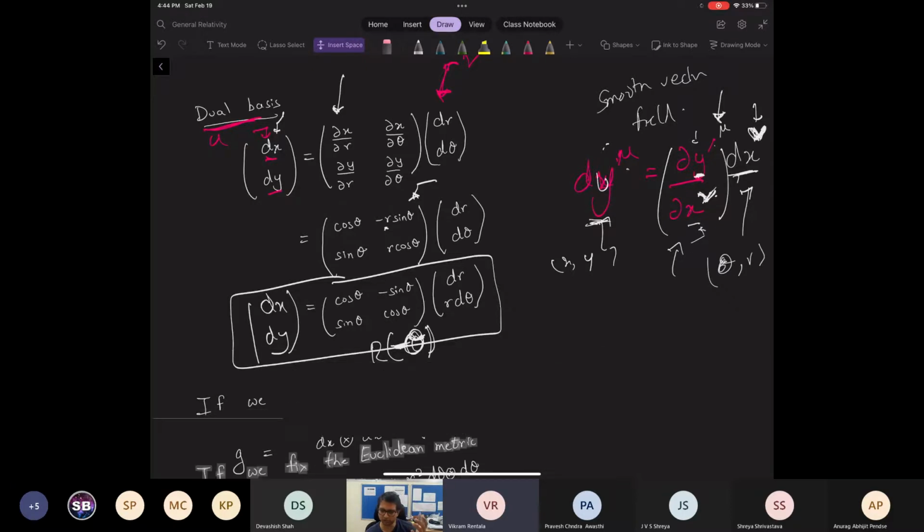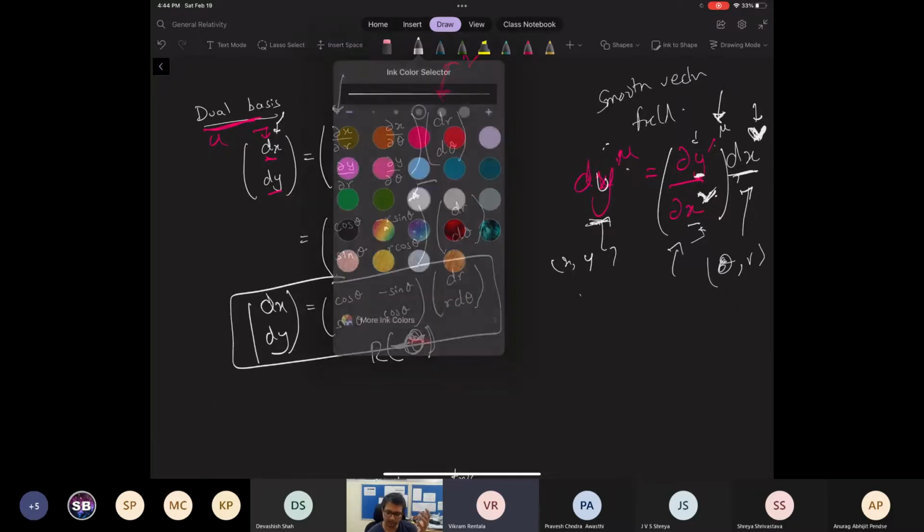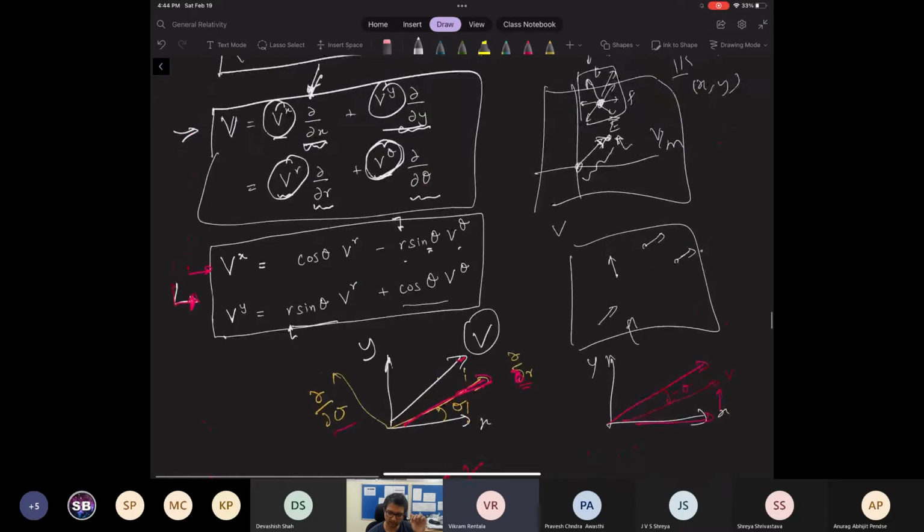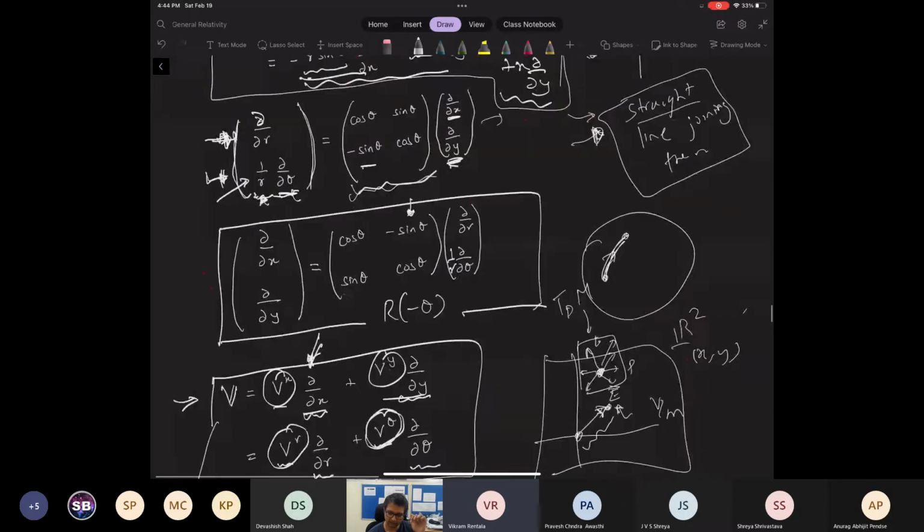And indeed it's not, because you've seen that here it's r d theta, and previously you had 1 by r partial theta. So in terms of whatever I had chosen as my original basis vectors, my original basis vectors were actually this.